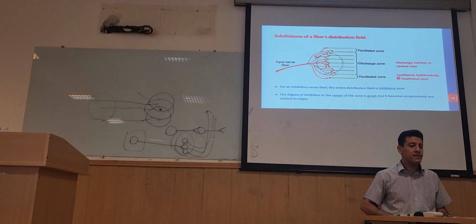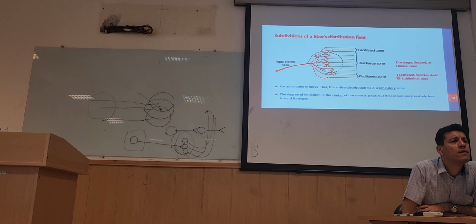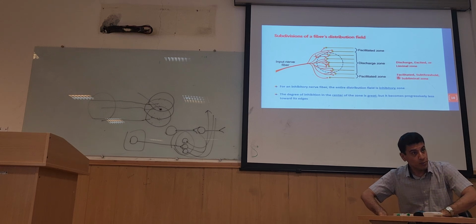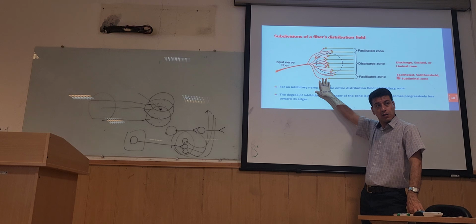Any question here? Yes? What about two facilitated zones combined to each other to innervate a specific neuron? Maybe there will be an action potential in this neuron, isn't it? You mean overlap of facilitated zones.